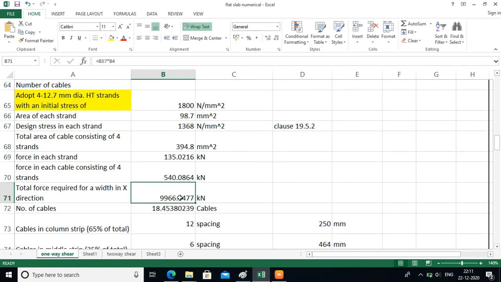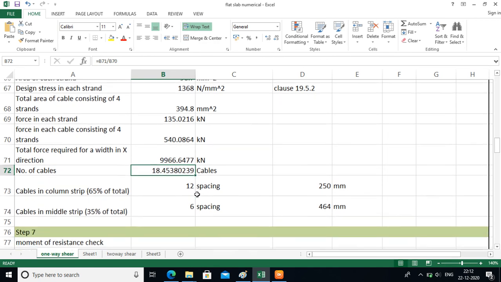So to take this total load we require more number of cables. So how do we get that number of cables? The total force required divided by the force in the single cable will give us the number of cables. So again I have put the formula over here. That gives the number of cables as 18.45, meaning approximately 19 cables are required in x direction to overcome the moment in x direction.